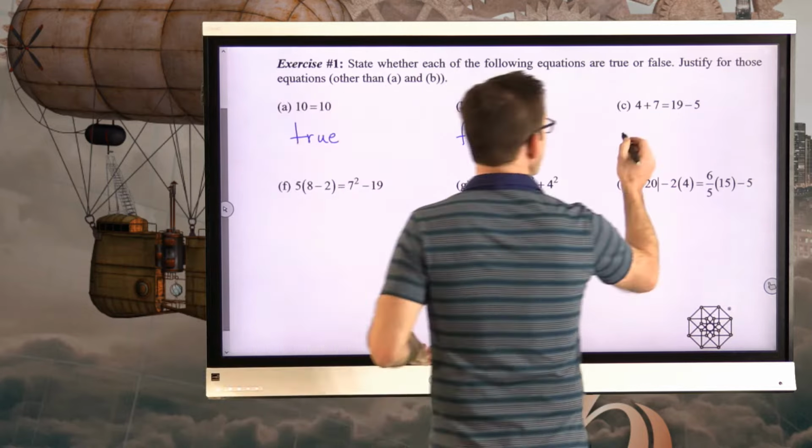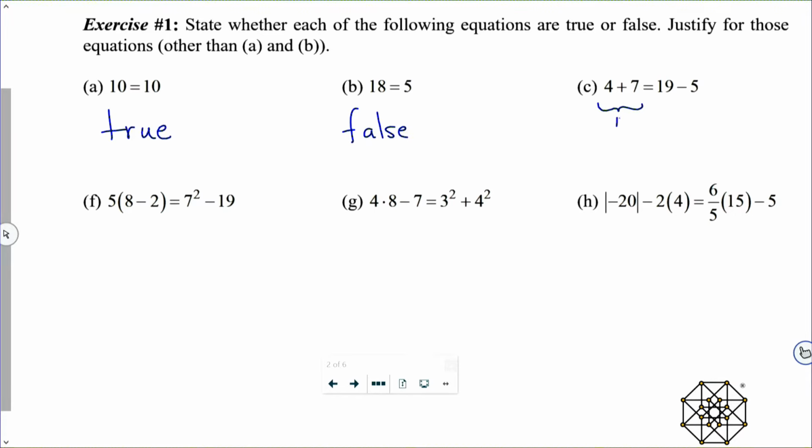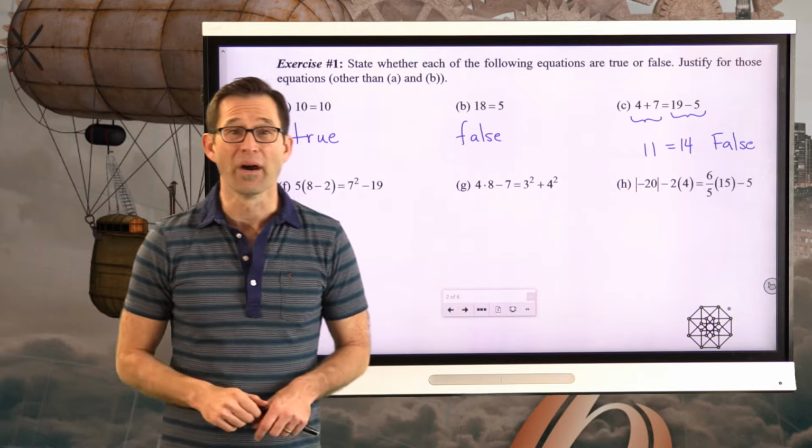So 4 plus 7 is obviously equal to 11. 19 minus 5 is equal to 14. And so that is a false equation. 4 plus 7 doesn't equal 19 minus 5.